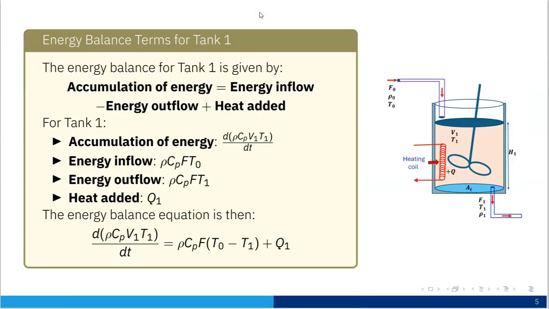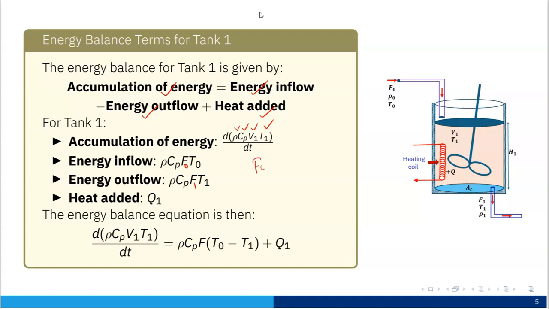Now the energy balance for tank 1. Accumulation of energy equals energy inflow minus energy outflow plus heat added. For tank 1, accumulation of energy is d/dt of rho Cp V1 T1. Energy inflow is rho Cp F0 T0 and energy outflow is rho Cp F1 T1.